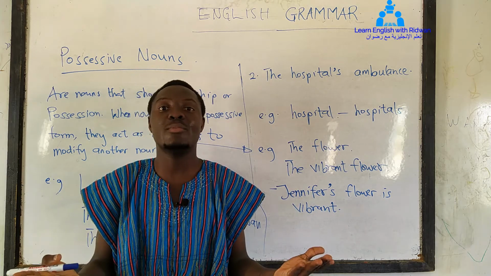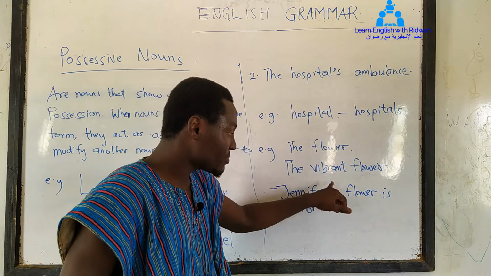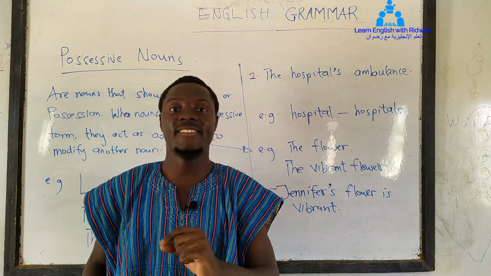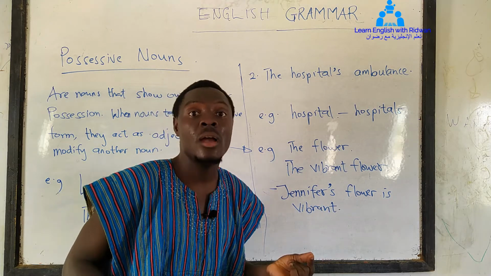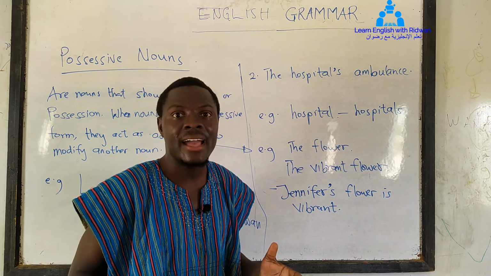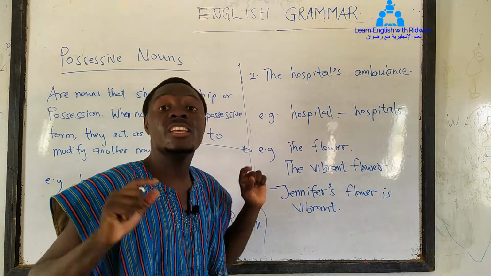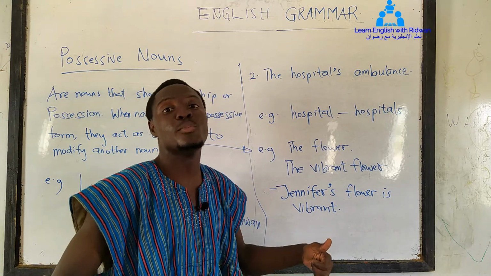And how did we know it belongs to Jennifer? We knew that it belongs to Jennifer because we have a what? An apostrophe, that is فاصلة العليا وS. فهذا بين لنا إلى أن هذه الزهرة نابضة بالحياة ليس بمجرد فقط لكن لجينيفر. That is, this flower is not only vibrant but it also belongs to Jennifer.